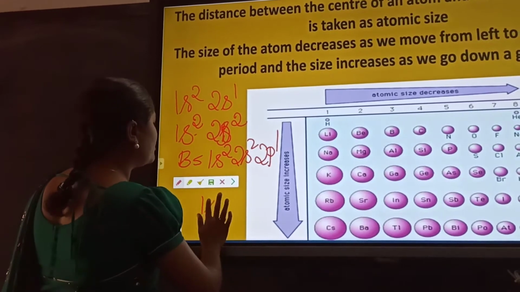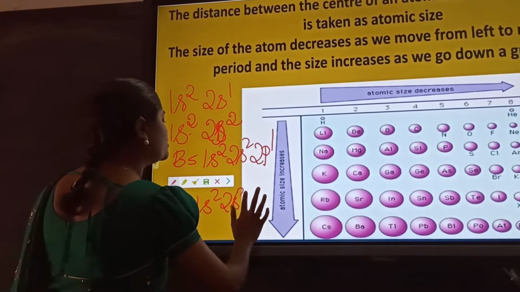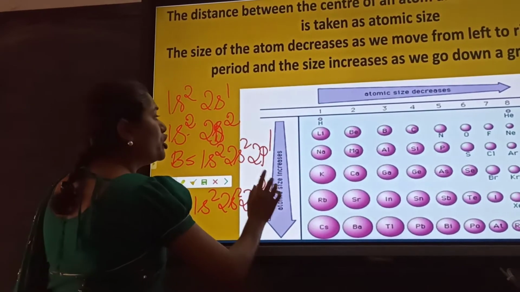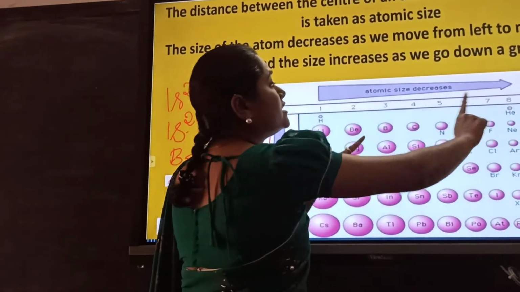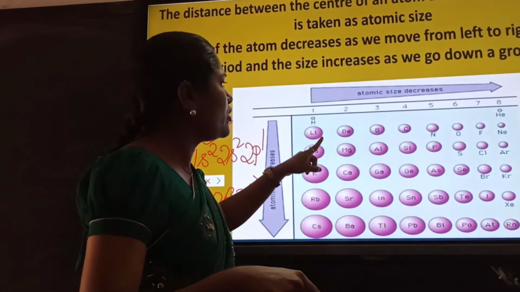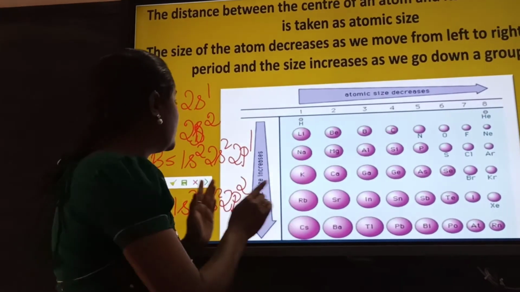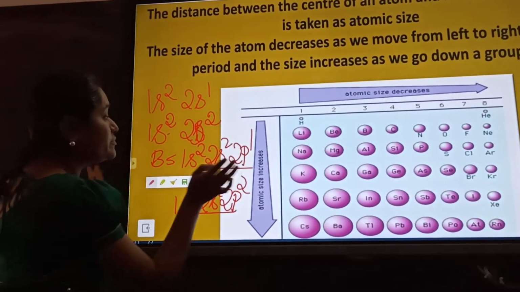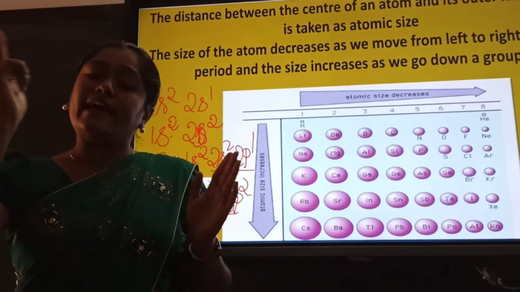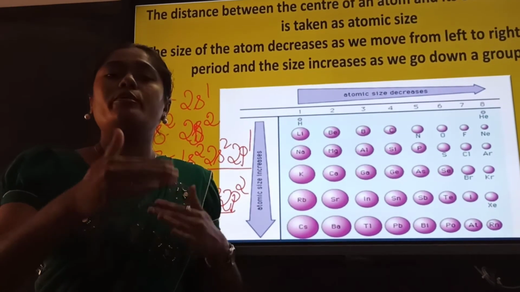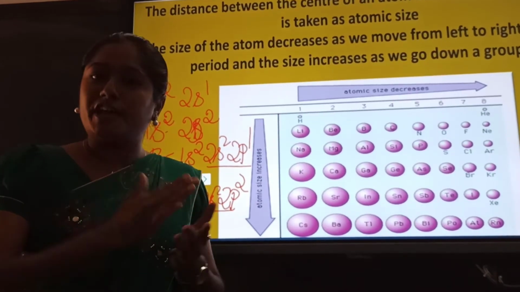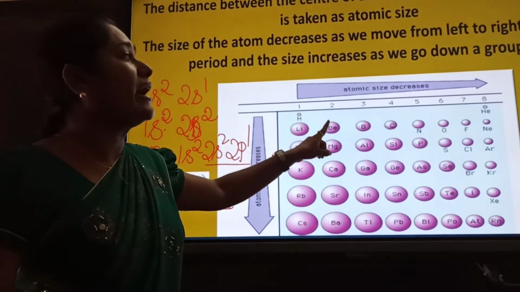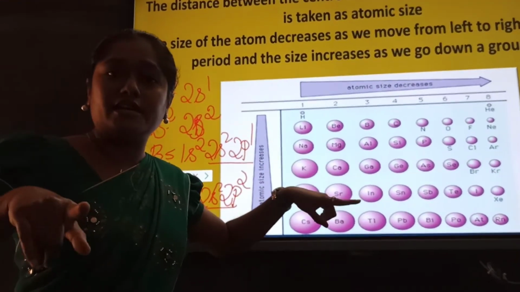The next, carbon, is 1s2, 2s2 and 2p2. You can see that along a period no new shell has been added. Only to that same shell more electrons are added. Thereby the size of the atoms decreases.